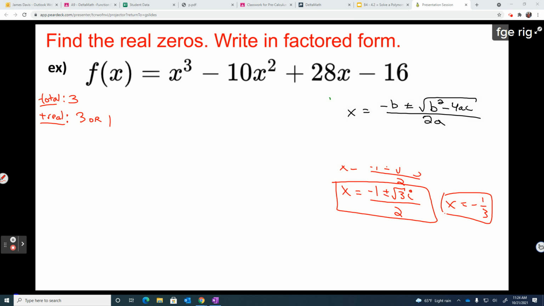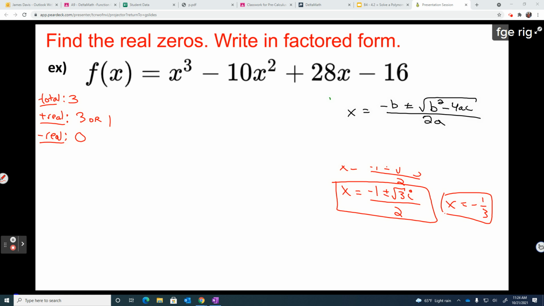Yeah, there's none. Negative reals is none. I can tell you that without actually doing it because these 2 can never add up to more than the total. So if this is 3, this has to be 0.